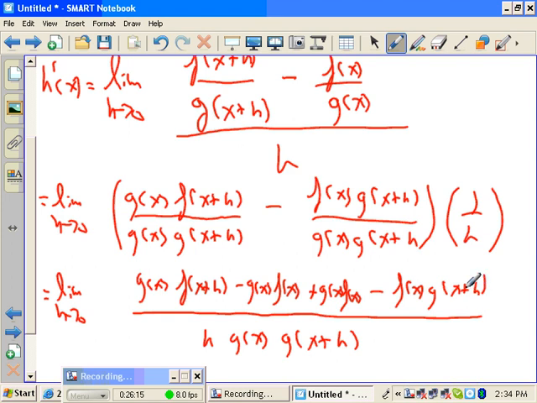What's g prime? The limit as h goes to 0 of g of x plus h minus g of x is backwards, right? Over h? Well, what if I make it backwards? What happens if I change the order of a subtraction? It changes the what? The sign.